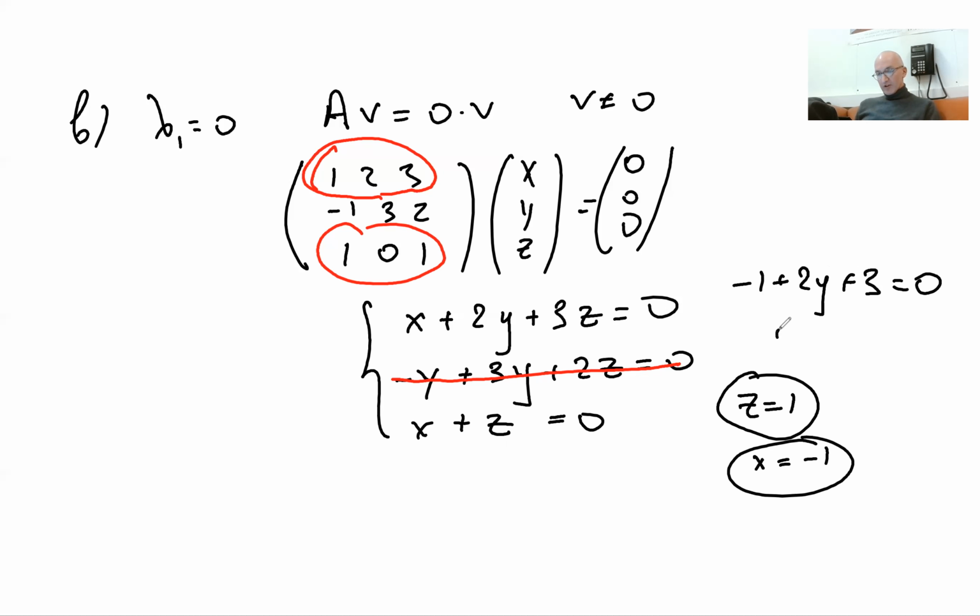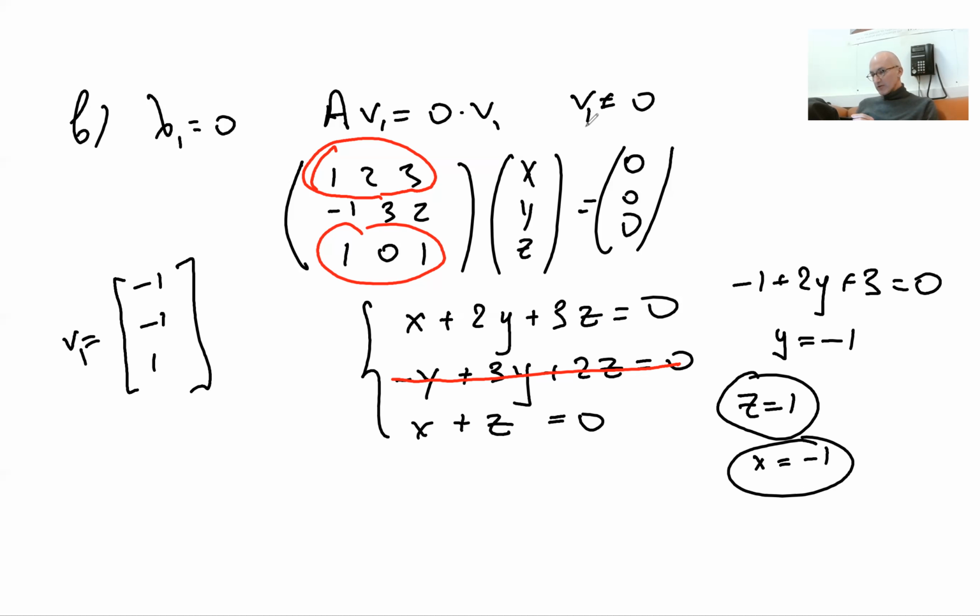So what does it mean? It means y is -1. So I got the vector -1, -1, and 1. Yeah. Okay. This is my v1, the first eigenvector.